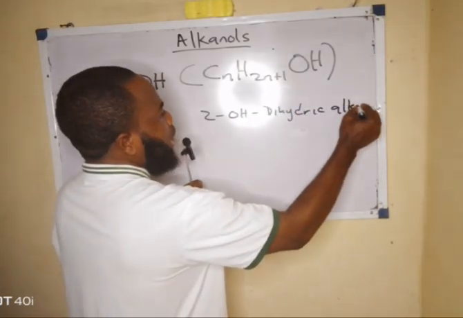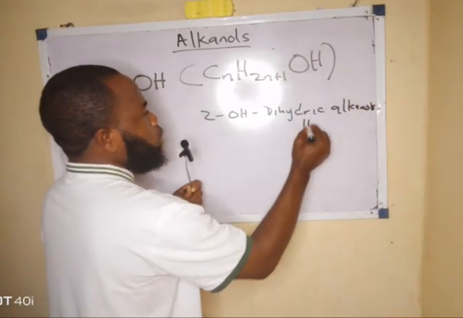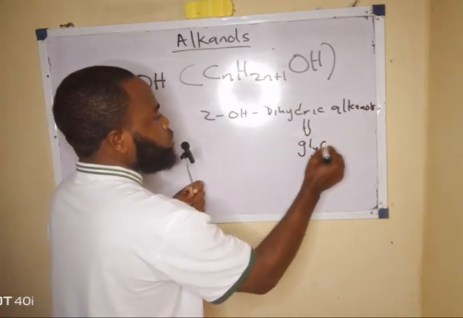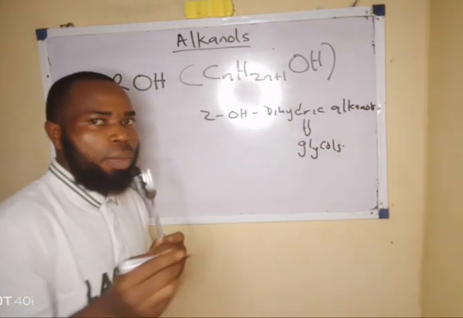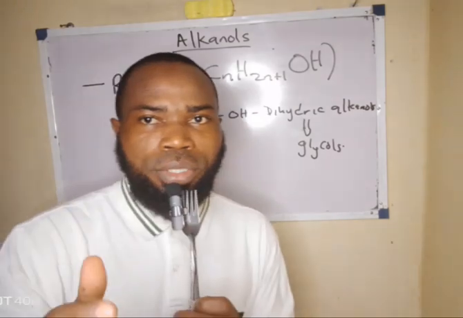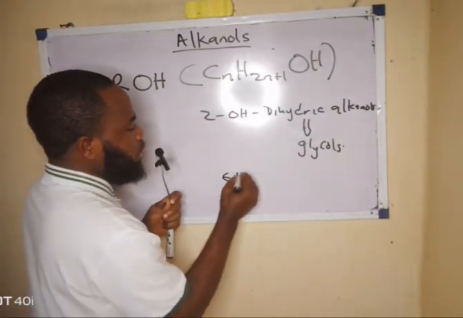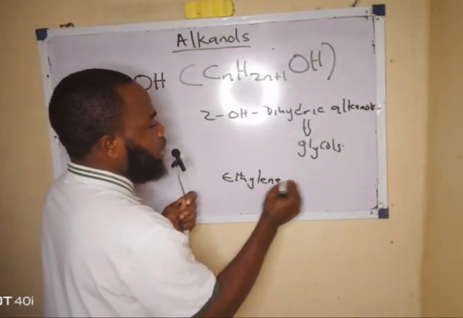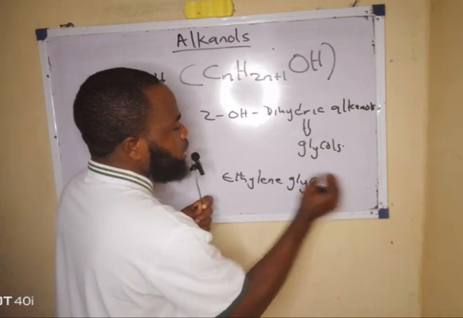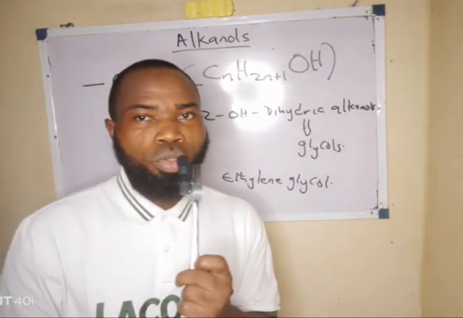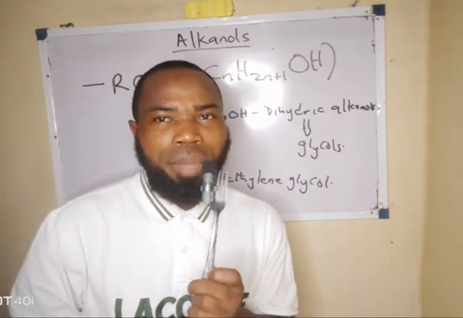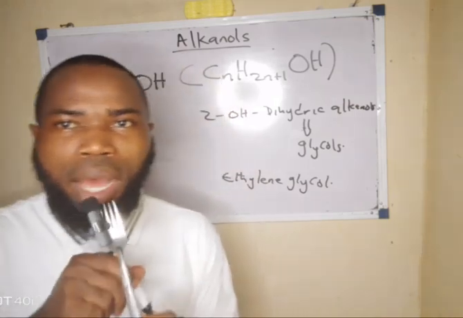Either you call them dihydric alkanols, or you call them glycols. So if I come across a particular alkanol, for instance ethylene glycol, and it asks what type of alkanol it is, we should know that it's a dihydric alkanol. That means it has two hydroxyl groups.